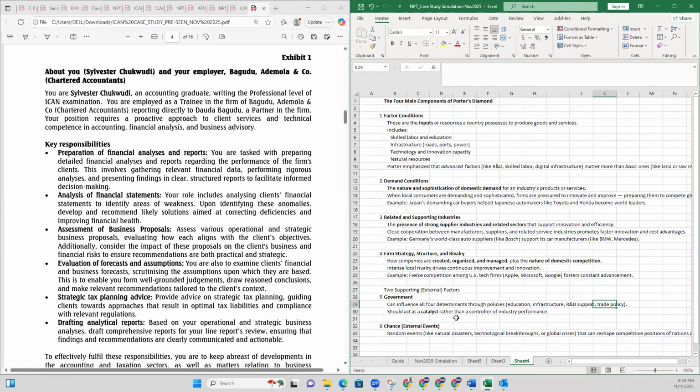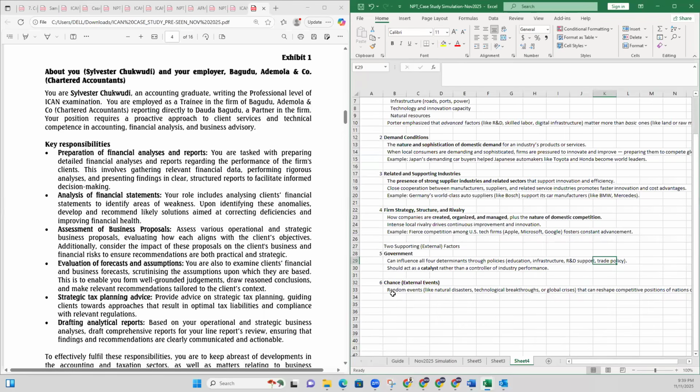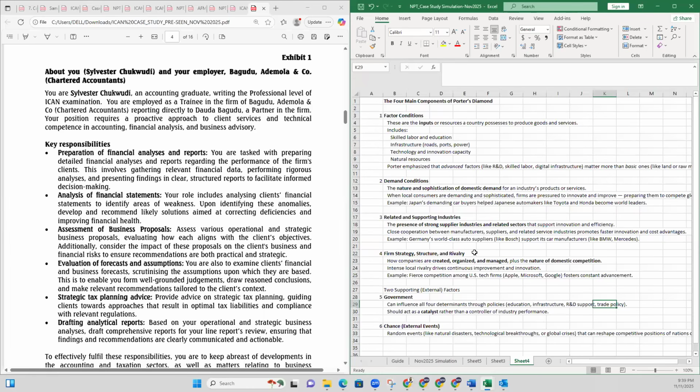It should act as a catalyst rather than as a controller of industry performance. And then the last one is chance: external or random events like natural disasters, technological breakthroughs, or global crises. And this is just to tell us that if I am to be the examiner, what I will see to be the most appropriate model for this kind of industry is Porter's Diamond.